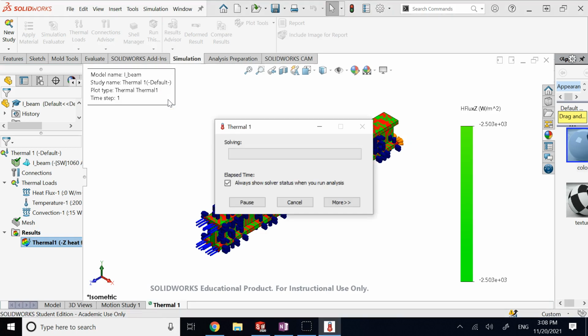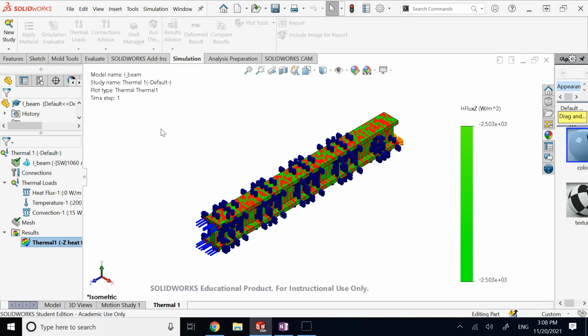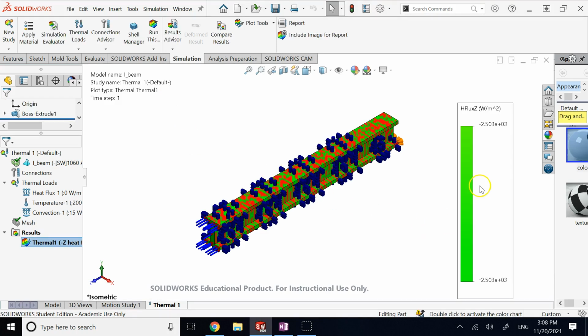So let me run that. And if you look at the numbers, it goes from negative 2.5e3 to negative 2.5e3. So what does it mean?